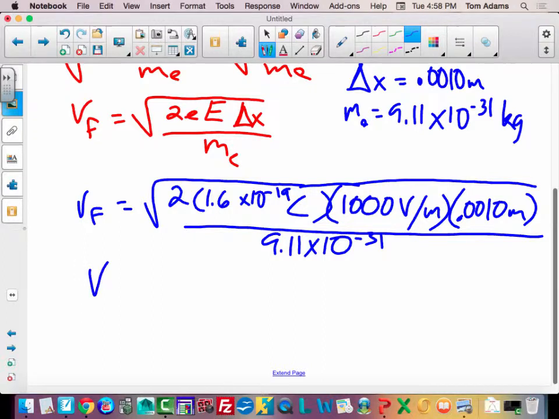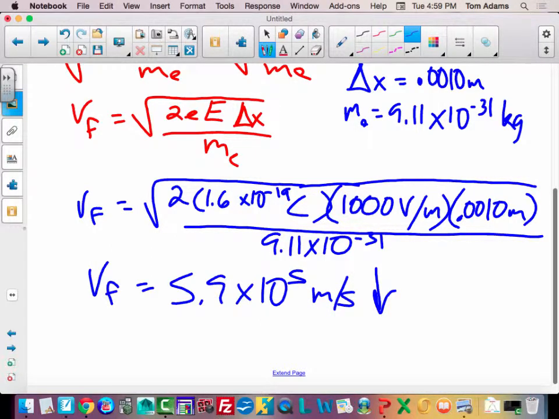If you plug that in your calculator, this is the cool thing, it's 5.9 times 10 to the 5 meters per second, and that's, again, going down.